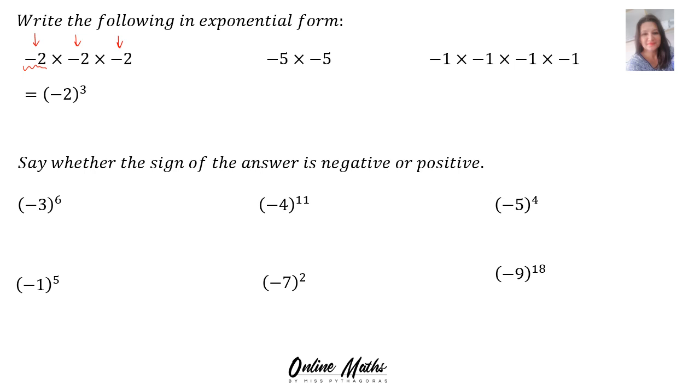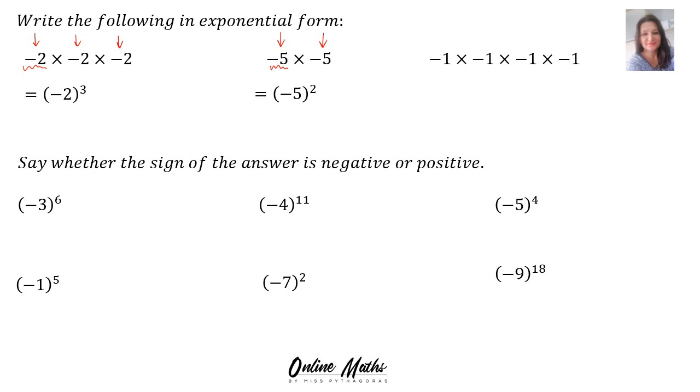The next one, -5 times -5. So the base is -5. And how many -5's are there? 1, 2. Therefore, in exponential form is inside a bracket -5 squared.